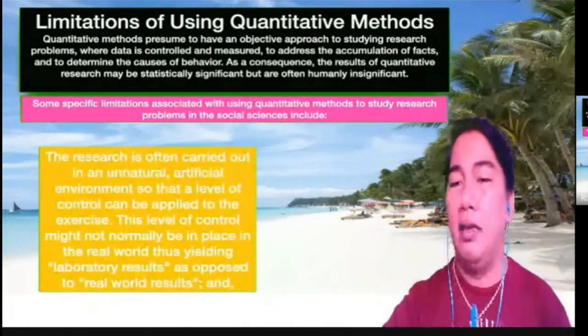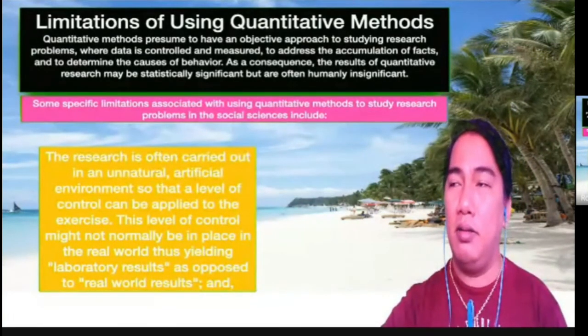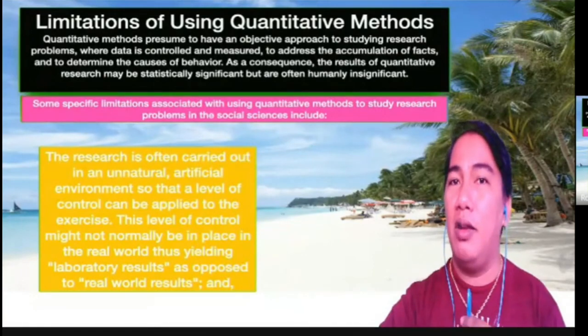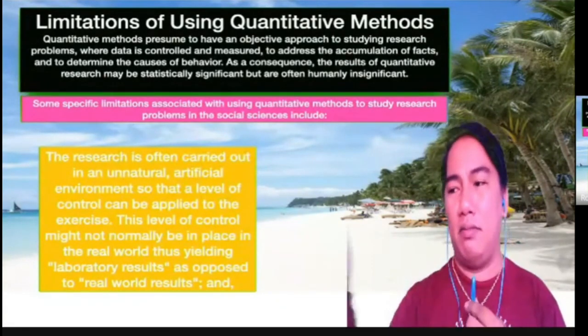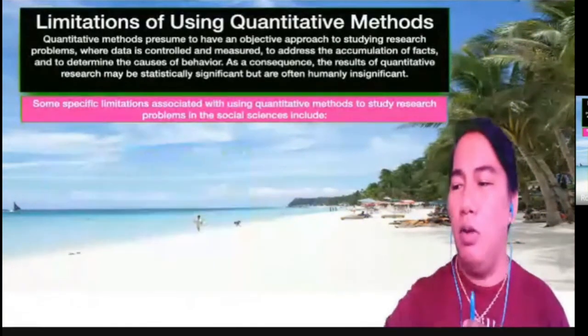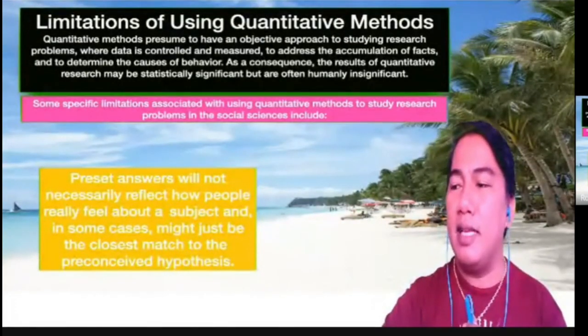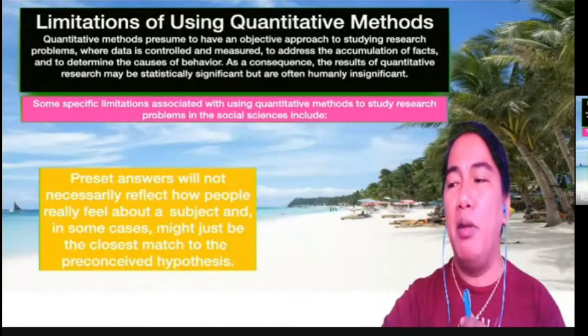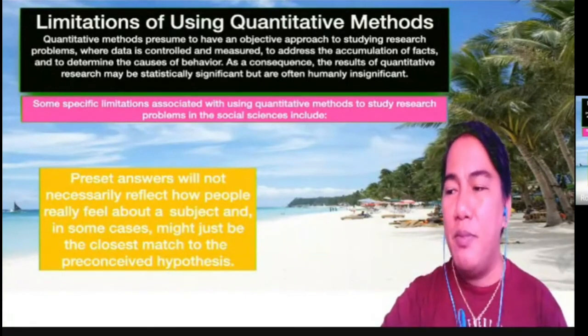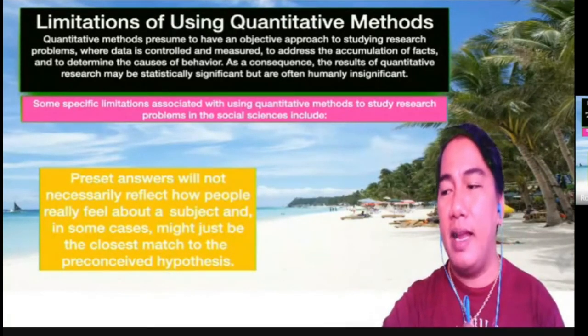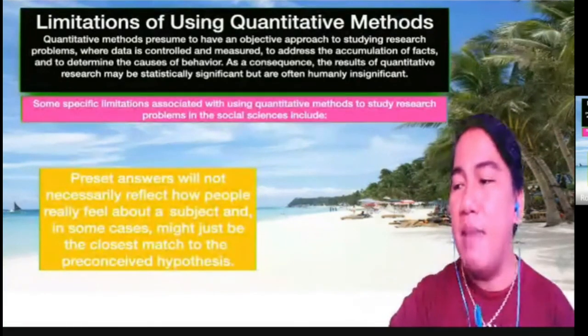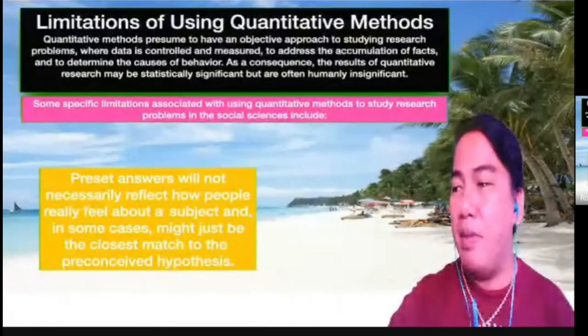Maaaring hindi close enough to the real world results. Okay, preset answers will not necessarily reflect how people really feel about a subject and in some cases might just be the closest match to the preconceived hypothesis.